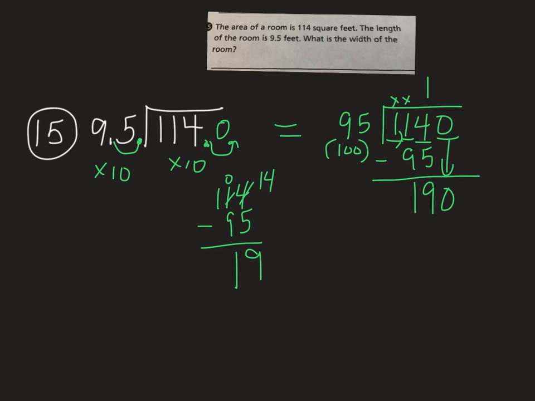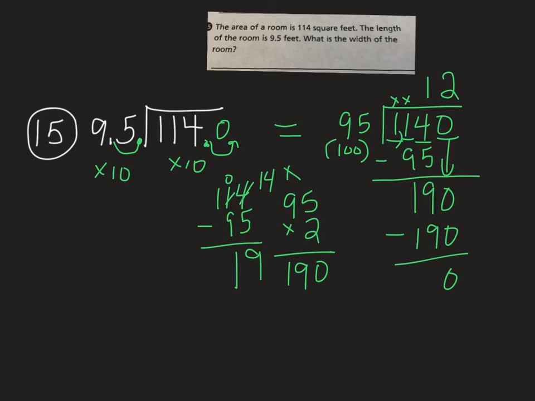How many groups of 190 can I make out of 95? Well, it's either going to be 1 or 2. Well, I already know 95 times 1. Let's see what 95 times 2 is. 2 times 5 is 10. Carry the 1. 2 times 9 is 18. Plus 1, hey, is 19. And that is that, my friends.